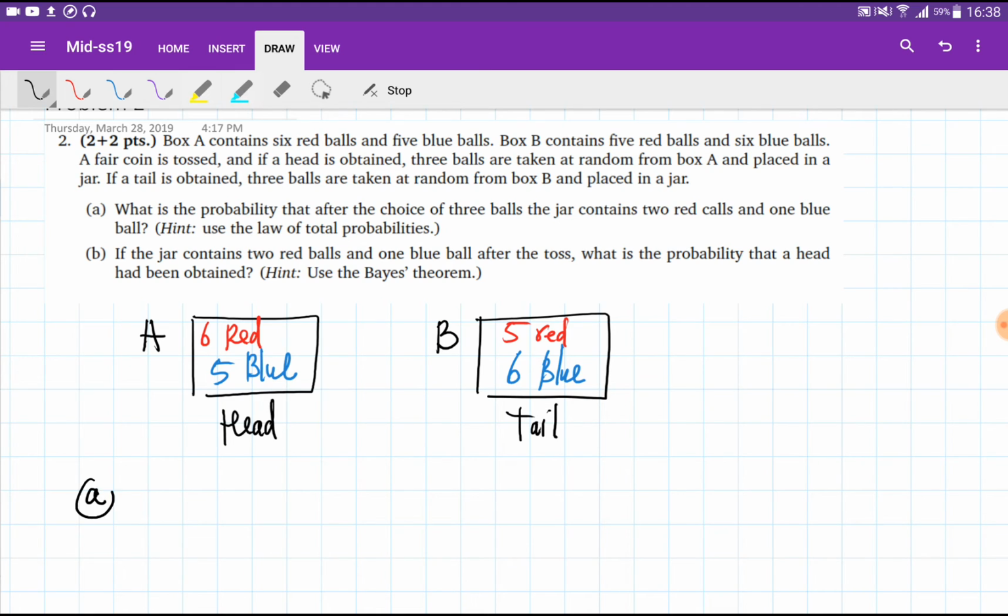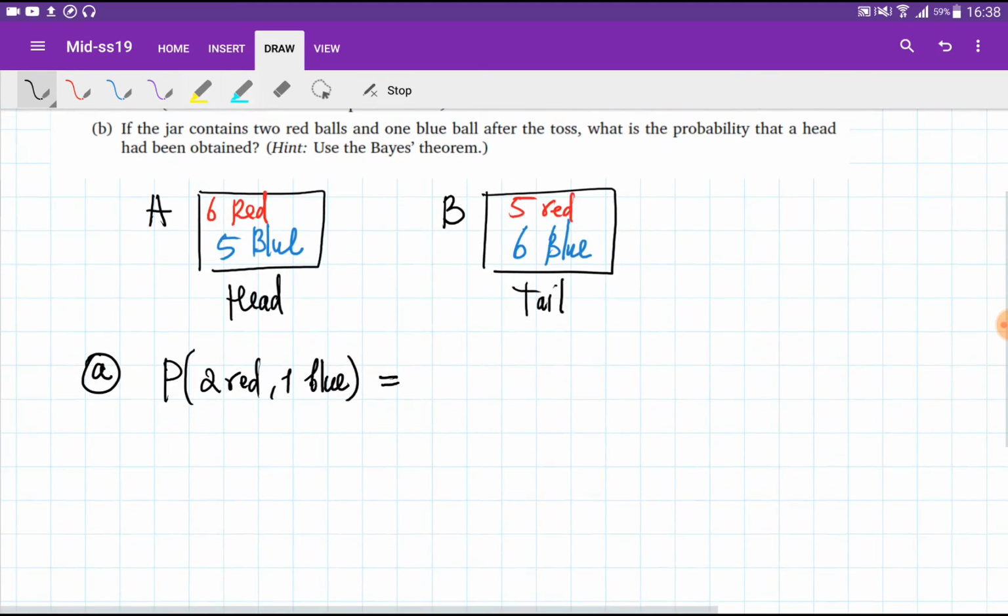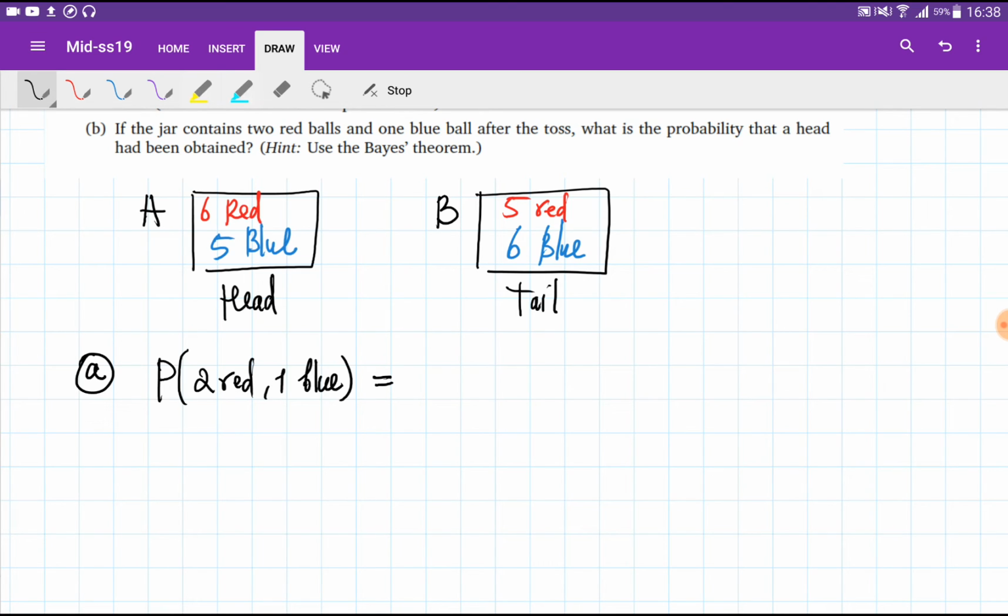So in the first part, A, what is the probability that after we choose 3 balls, the jar contains 2 red balls and 1 blue ball? What is the probability of choosing 2 red and 1 blue balls? We can get the 2 reds and 1 blue either from the first box, right?